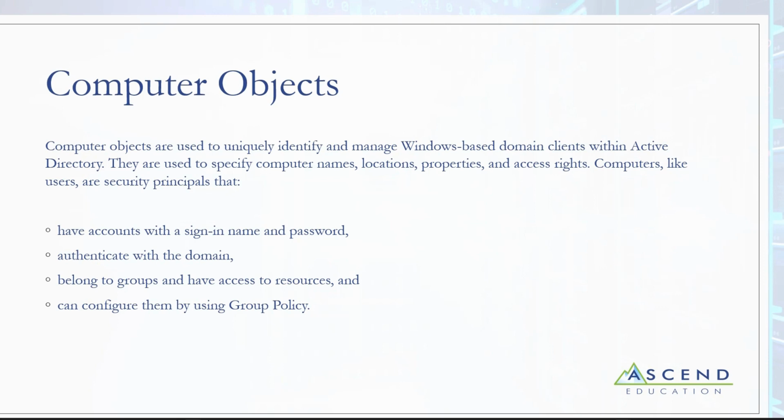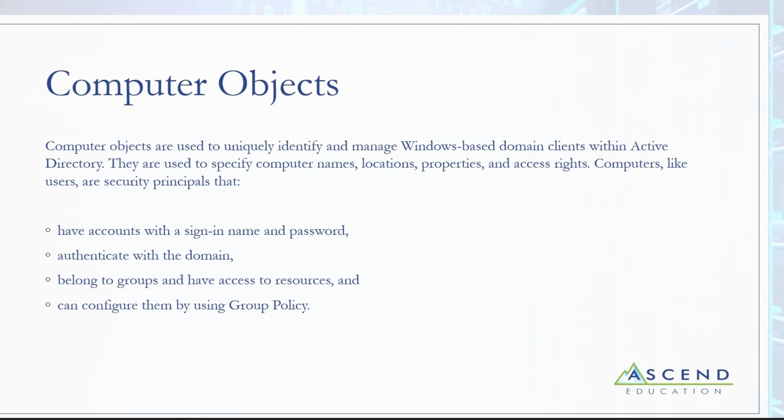Computer objects are used to identify and manage Windows-based domain clients using Active Directory. So they have accounts with a sign-in name and password, authenticate with the domain, and they can belong to groups and have access to resources, and they can be configured using group policy. Group policy is a big part of Active Directory, and these are objects that you can use to create management for lots of different things.